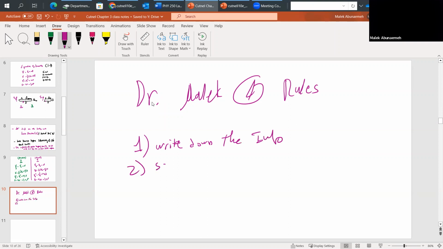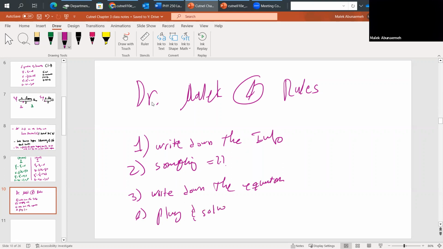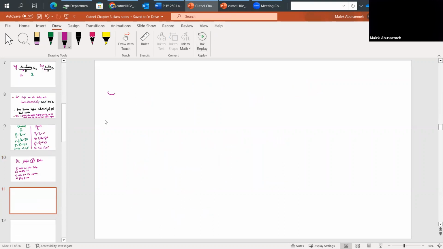Number 2, something is going to equal your double question mark. Number 3, write down the equation. And number 4, like plug and play, this is going to be plug and solve. So these are the 4 rules that we're going to be using every time we work on a problem. So going on this problem over here, which is going to be example 1.